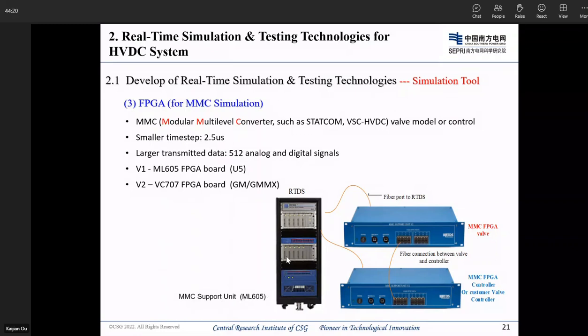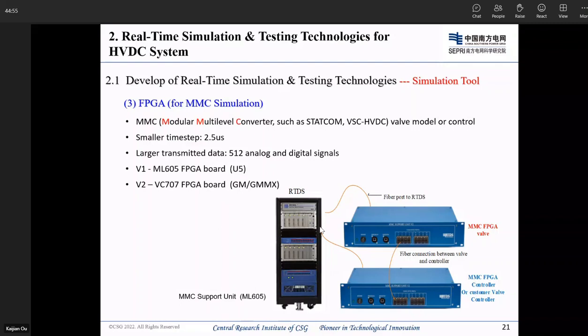We use RTDS to simulate the AC system or LCC HVDC, and we use APJ to simulate the MMC converter or controller, and we can also connect it with RTDS.